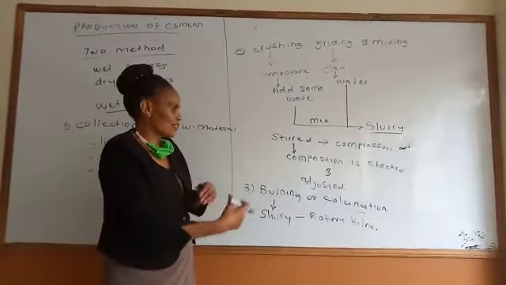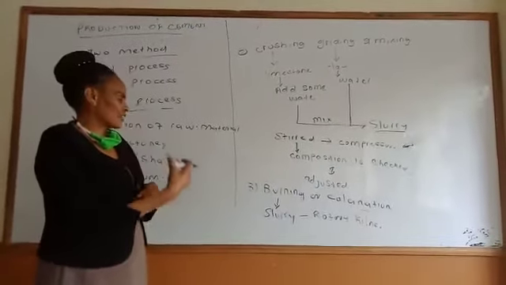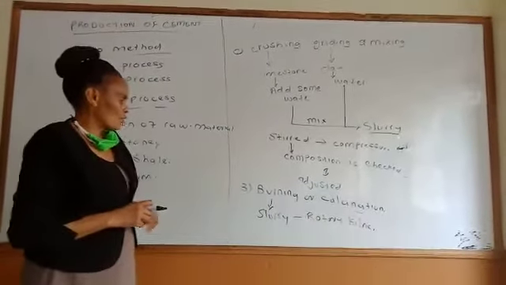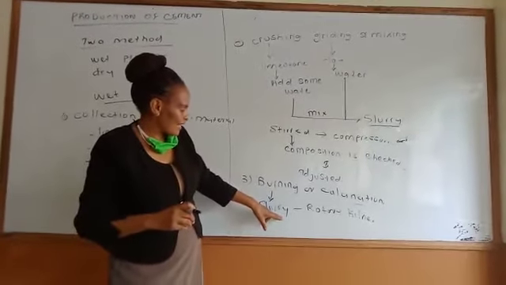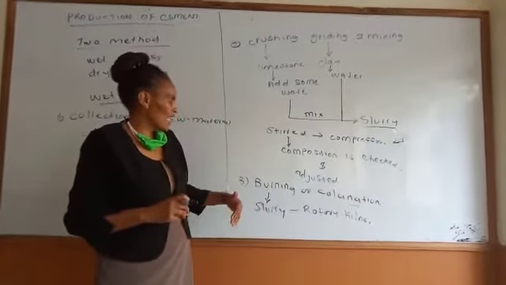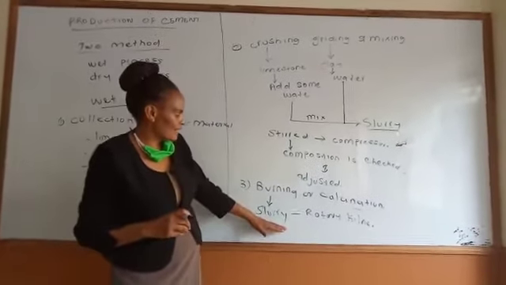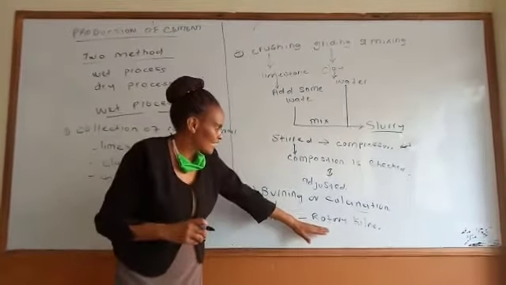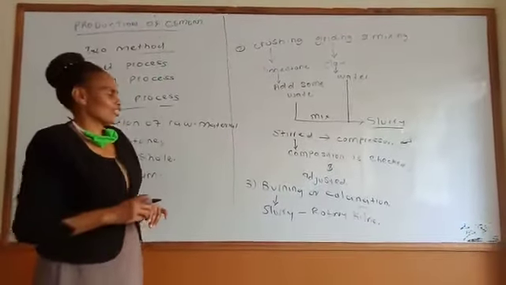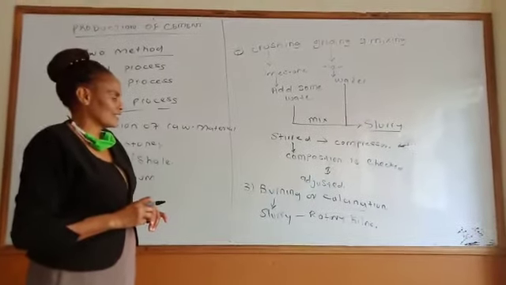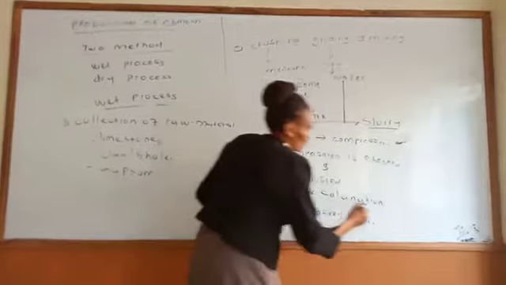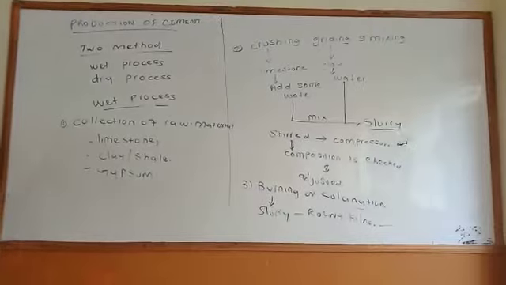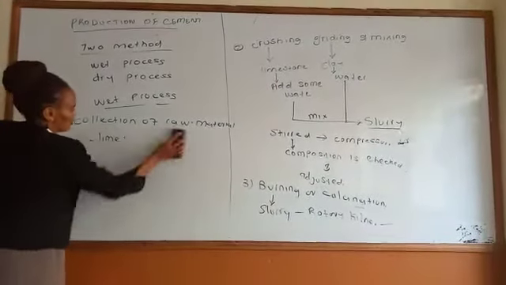As the kiln keeps on rotating, the slurry moves towards the bottom of the kiln, where it encounters very high temperatures. By the time it reaches the bottom of the rotary kiln, it has fused due to the high temperatures, and it fuses to be what we refer to as balls.